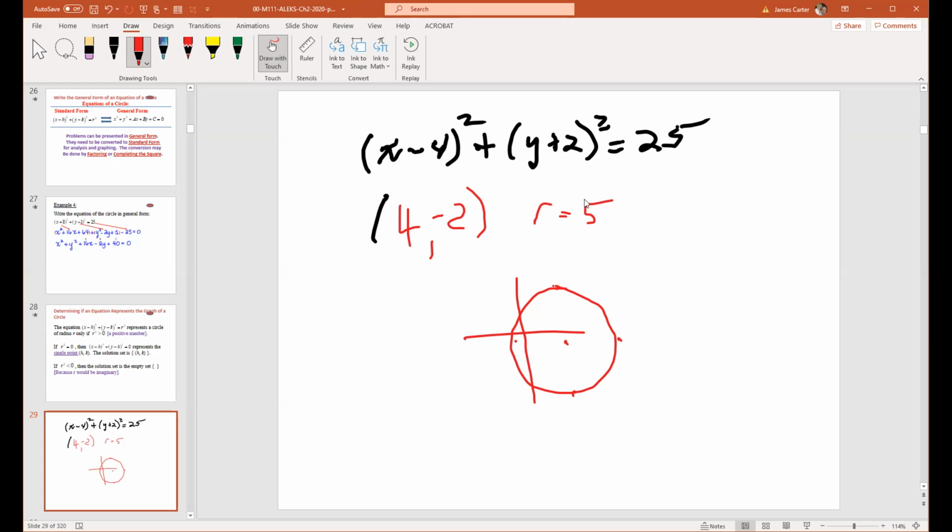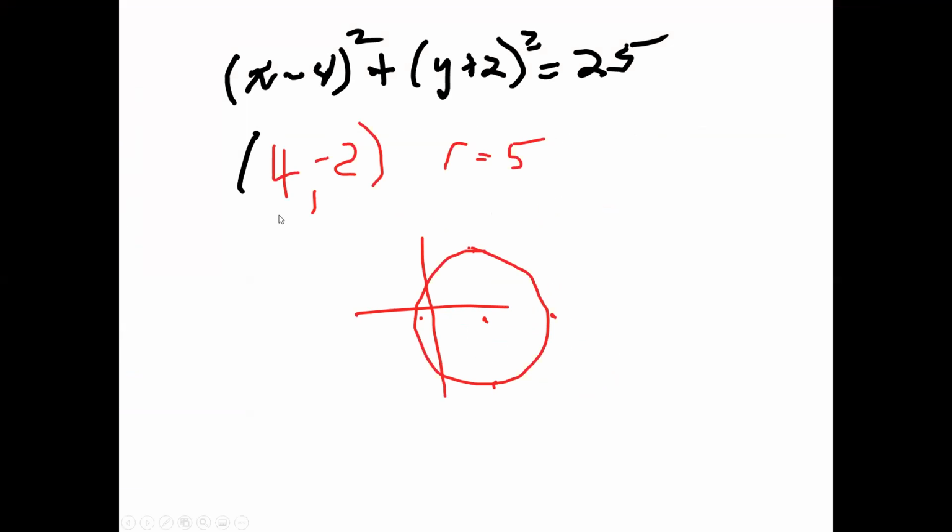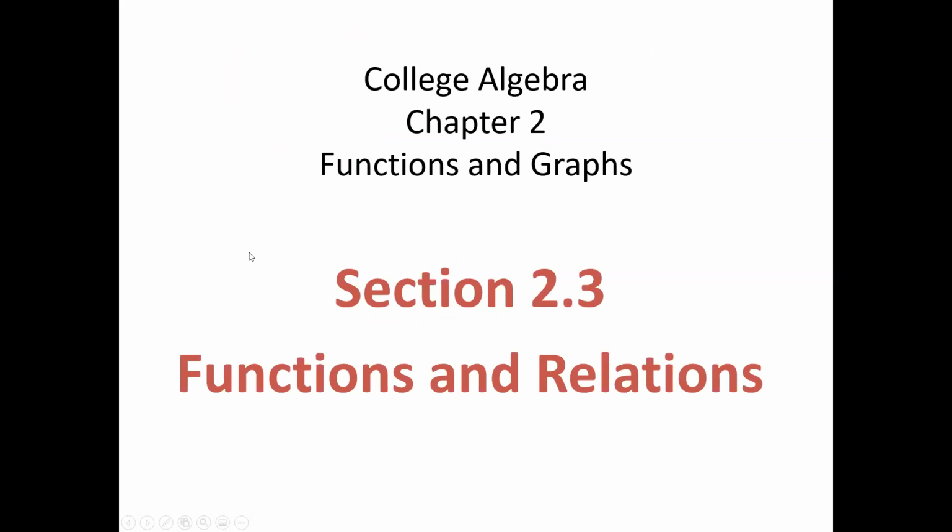Also, we want you to find the radius and to be able to graph it. The other thing we want to do, if we give you the center of the circle, is have you write the equation and graph it. So those are our primary objectives.